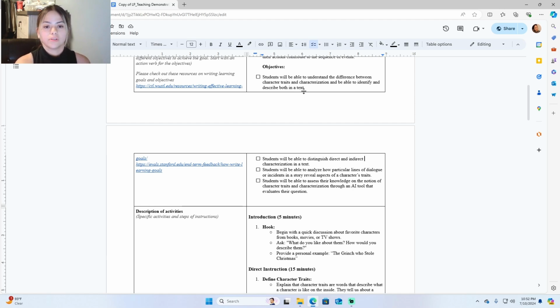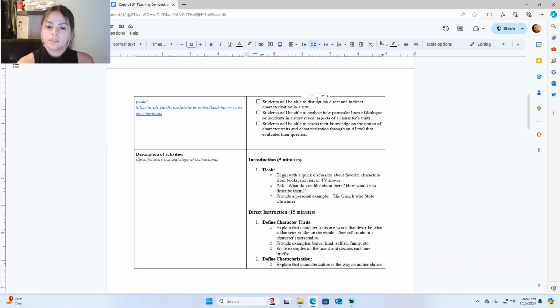So again, we're using stories, short excerpts, and that's how we will evaluate the differences. Next, students will be able to distinguish direct and indirect characterization in a text. Again, through a worksheet, they will be working on identifying or writing their own direct and indirect characterizations.